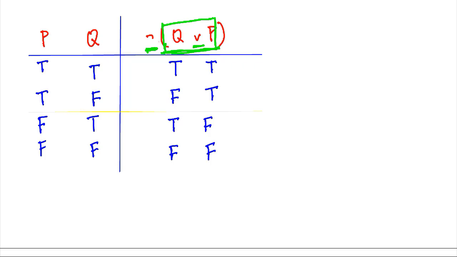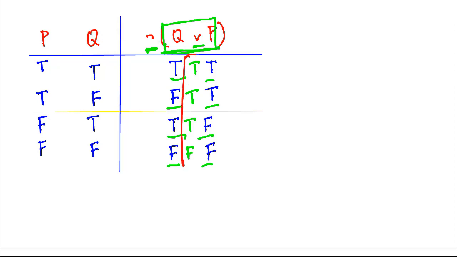So we'll do that. True and true. That's going to make this true. False and true, that's going to make it true. True and false, that's going to make it true. False and false, that's the only situation where the disjunction is false.